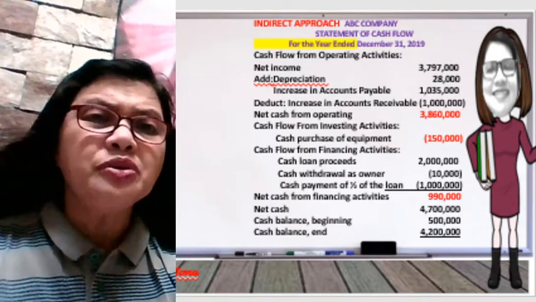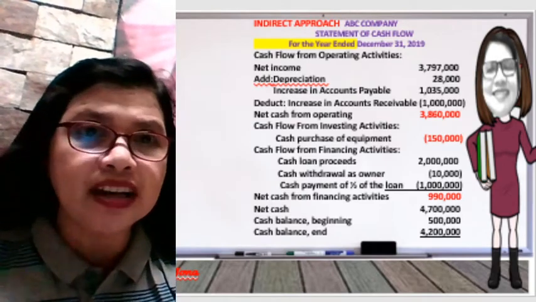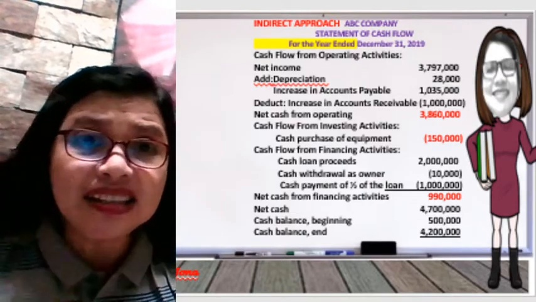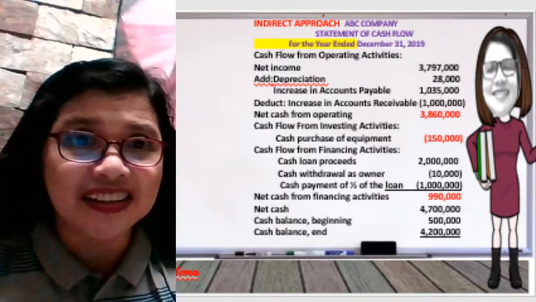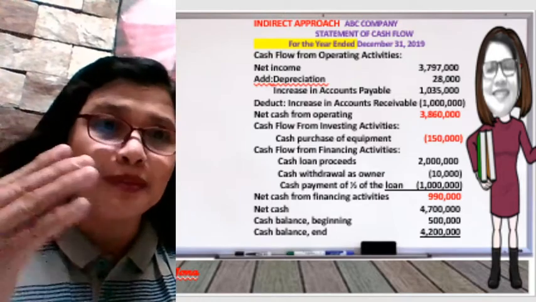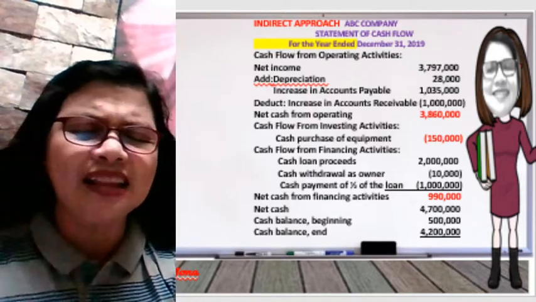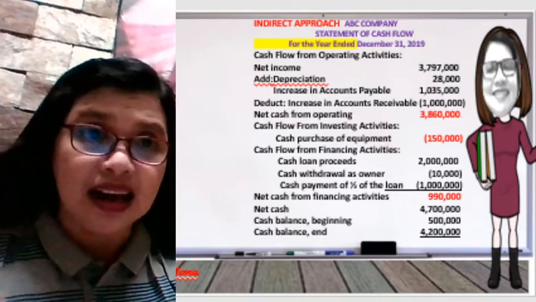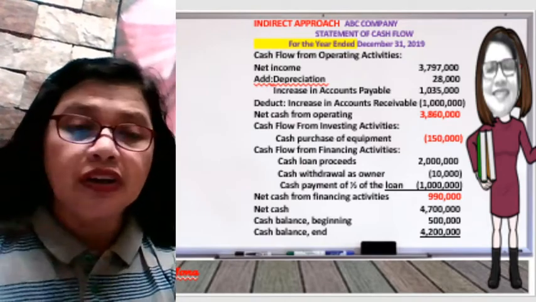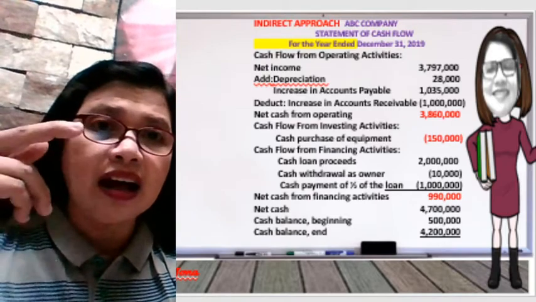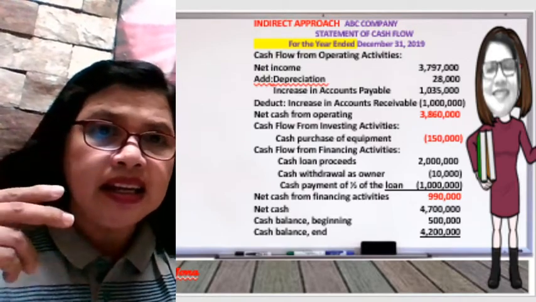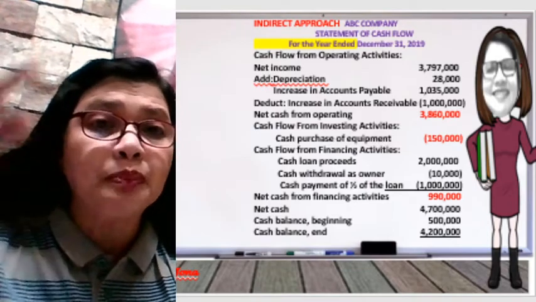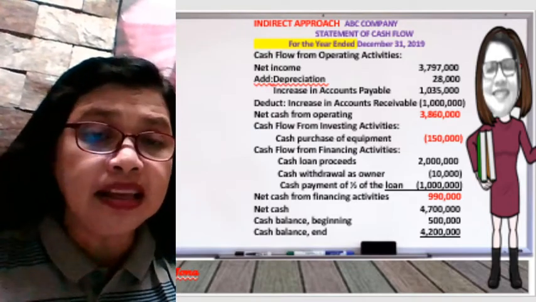Okay, when you credited sales, what happened to your net income? It increased, but that is not a cash transaction. So we have to deduct it from your cash flow. Again, the rule is non-cash revenues are deducted. Why? Because the tendency of having an increase in the accounts receivable is there is also a corresponding increase in your net income.